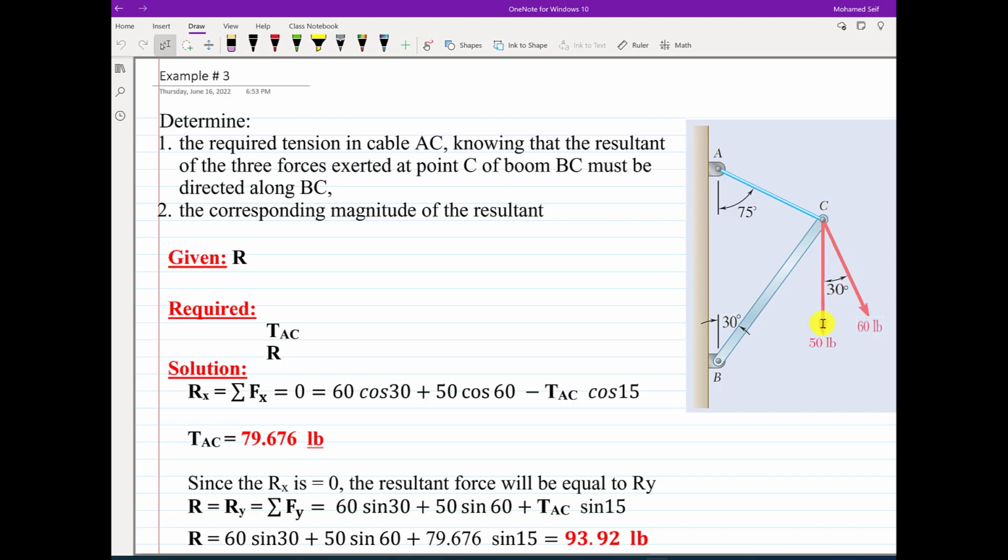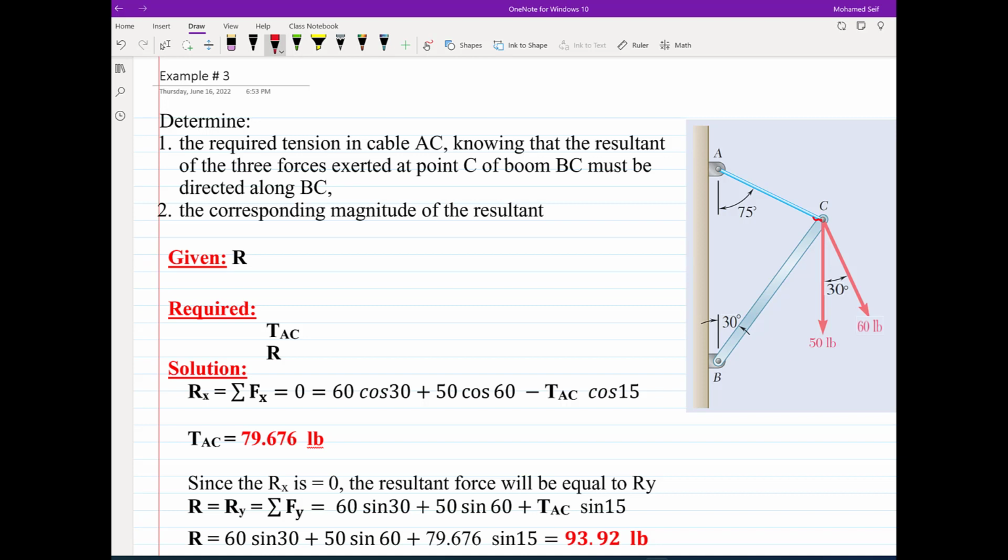And then I have a tension cable AC to hold it, which means I have a force here from the cable acting in this direction. Now before that, we need to find the angle.